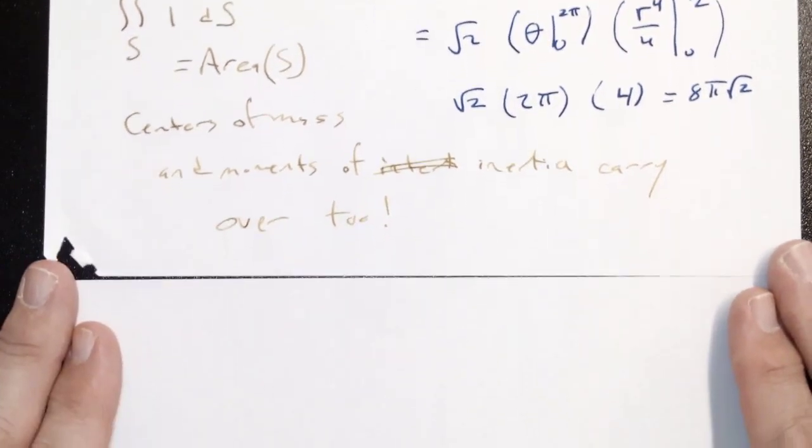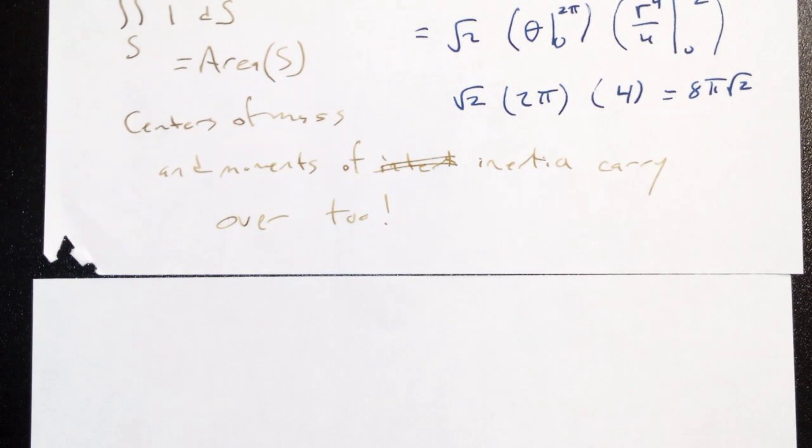So what happens if I take this same problem we were just looking at and switch from a function to a parametric surface? Good luck.